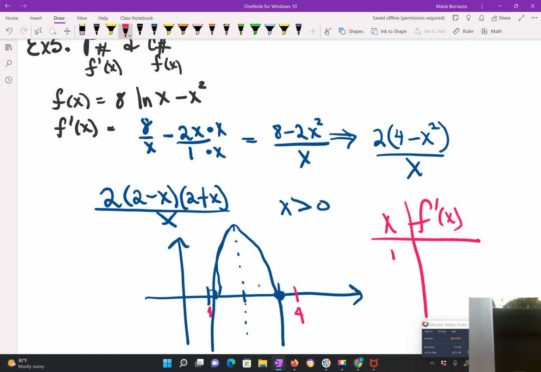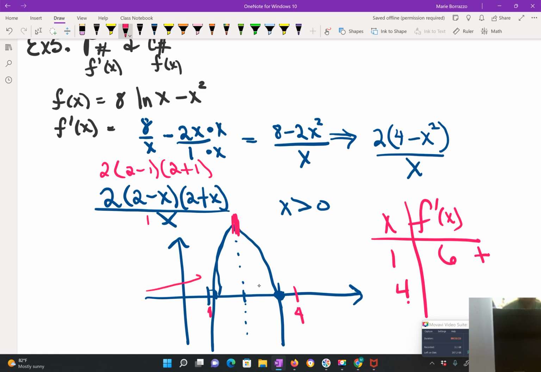So if I use 1, I have 2 times 2 minus 1 times 2 plus 1 all over 1. So 1 times 2 is 2 times 3 is 6. This is a positive 6 at that. So it's going positive on the left side of the 2, right?